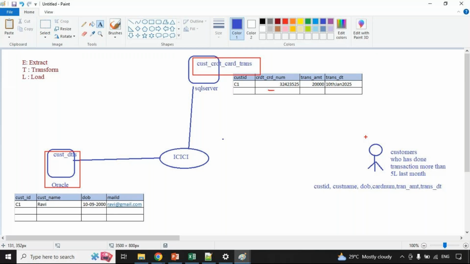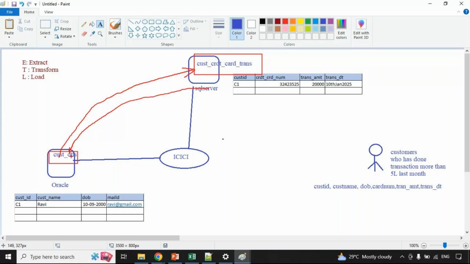As per his requirement, he wants to see both the data. Here we have to move the data into here, or we have to get this data into here.